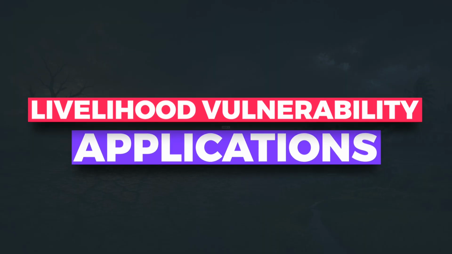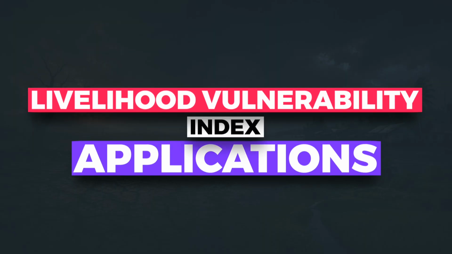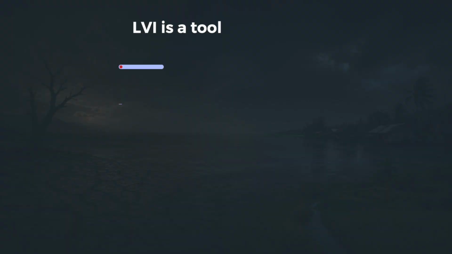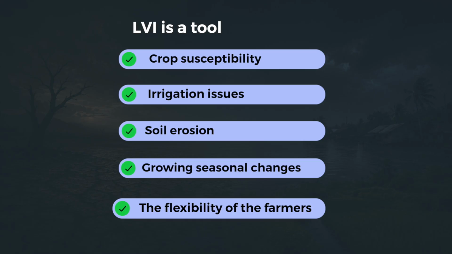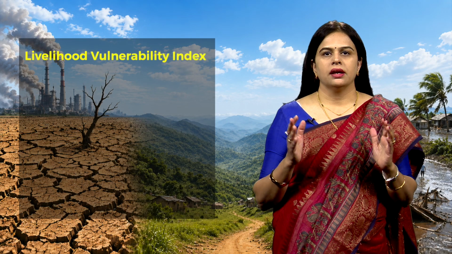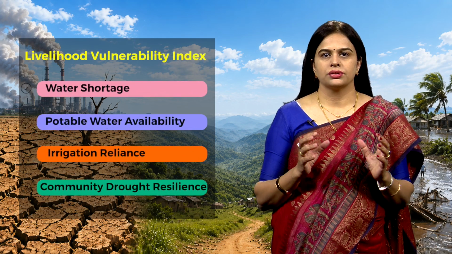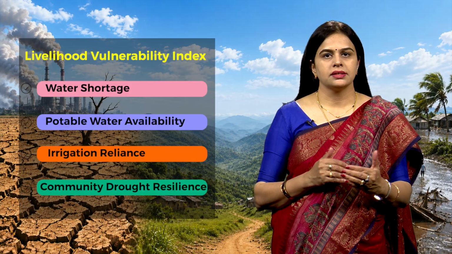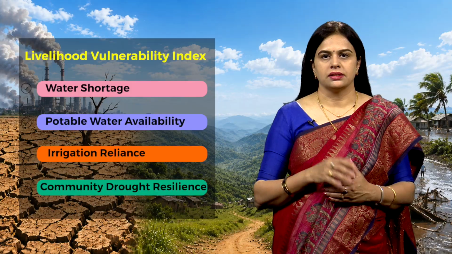So now let me explain to you the livelihood vulnerability index applications. The Livelihood Vulnerability Index is a tool that is used to evaluate crop susceptibility, irrigation use, soil erosion, growing seasonal changes, and the flexibility of the farmers. The LVI helps to assess the water shortage, potable water availability, irrigation reliance, and community drought resilience.